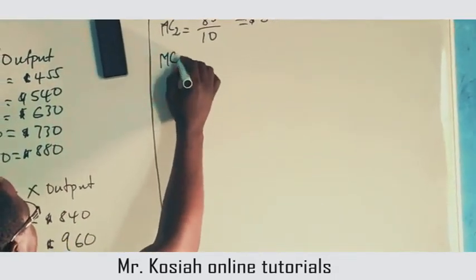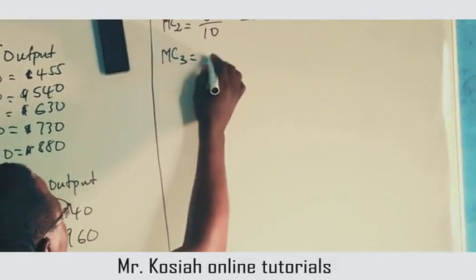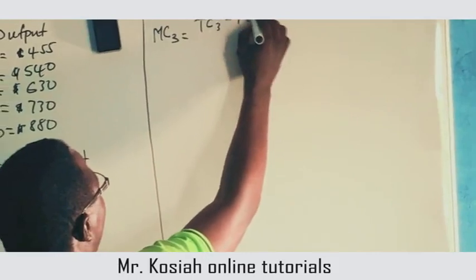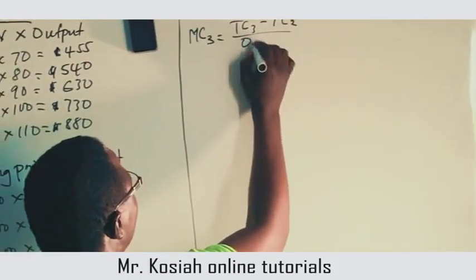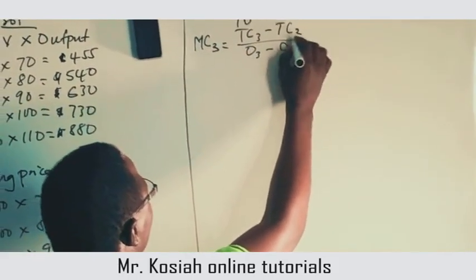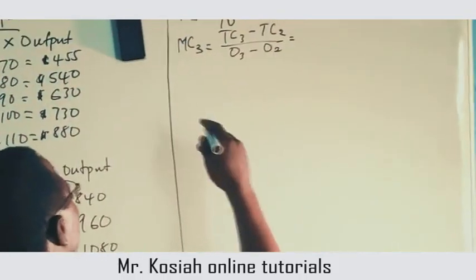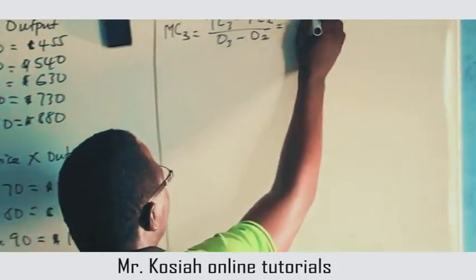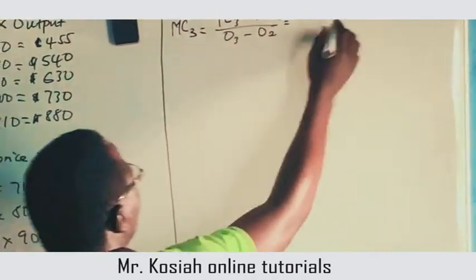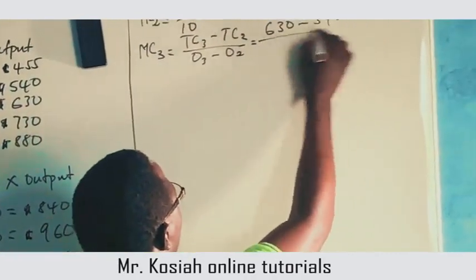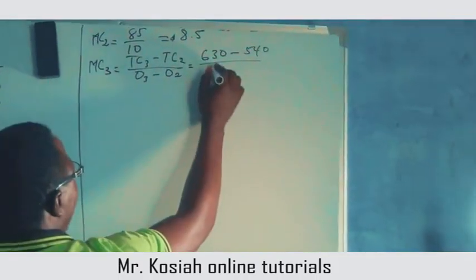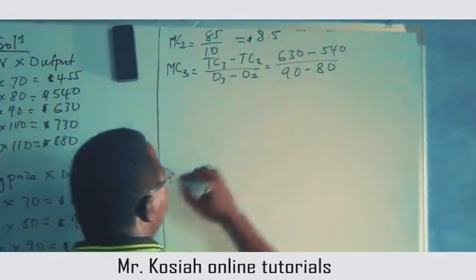Marginal cost at 3 is total cost at 3 minus total cost at 2, all over output at 3 minus output at 2. And this is equal to, what is the total cost at 3? Of course, we come here, we get our total cost at 3, and then we get it at 2, 540, all over the output at 3, which is 90, minus at 2, which is 80.